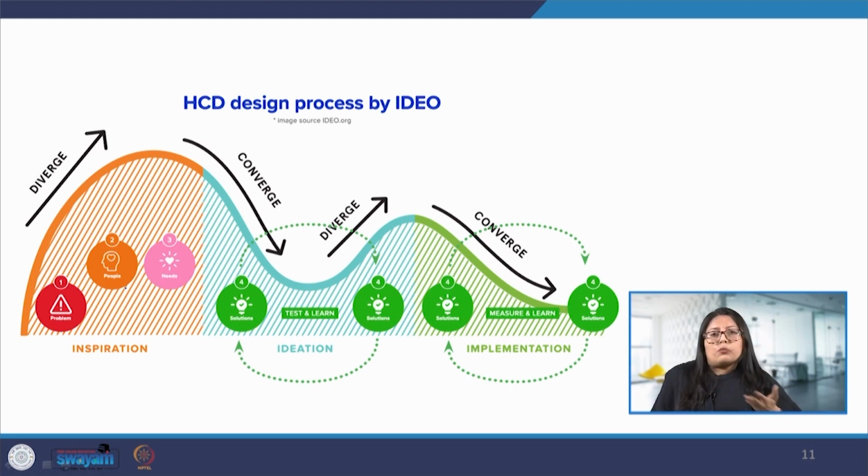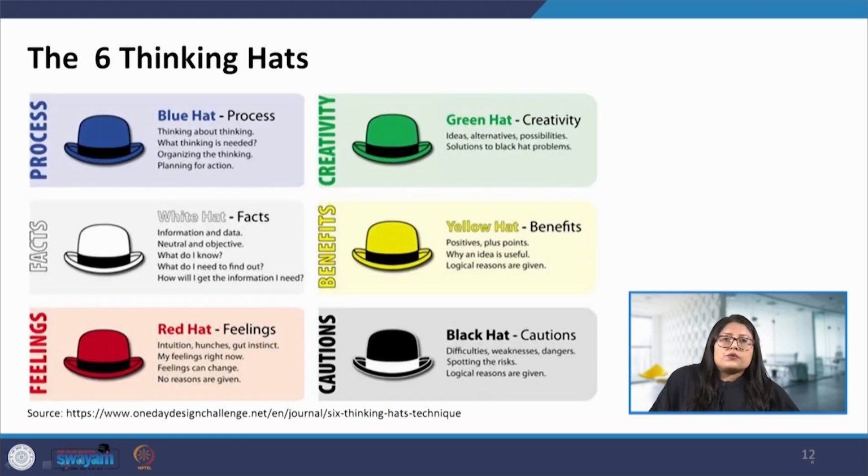So the next method is the six thinking hats, wherein as you can see there are six colored hats, each denoting a different type of personality or feeling. The blue hat, for example, is process. If a team member is wearing a blue hat, then they will be thinking about the process, how to implement it. If somebody is wearing a red hat, they will be talking from the perspective of feelings.